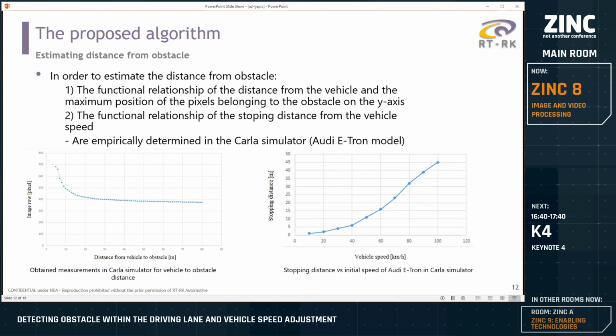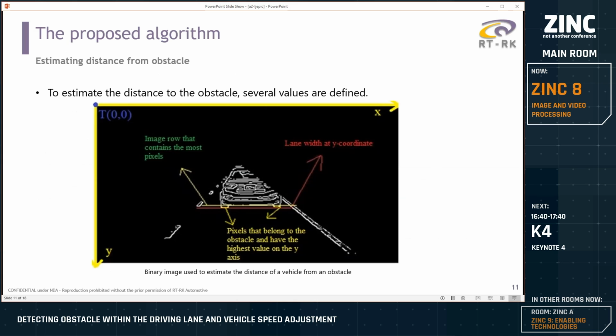In order to estimate distance, we define 2 models. The first model, you can see on the left side, is the functional relationship between the distance from the vehicle and the maximum position of the pixels that belong to the obstacle on the y-axis. That would be the green line.